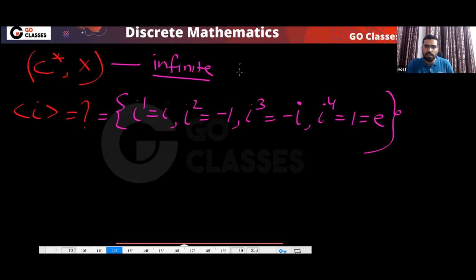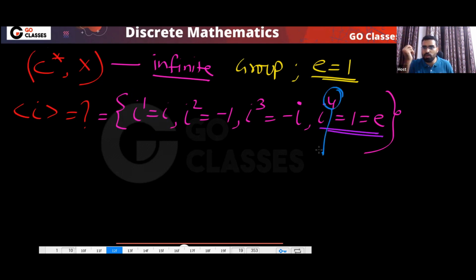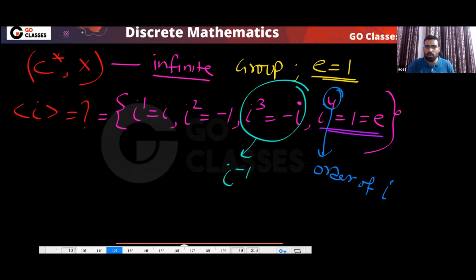This is an infinite group, and you also know the identity element is 1. Do I have to go in the negative direction? Once I get the identity element, this will be the order of iota, and this will be your iota inverse.